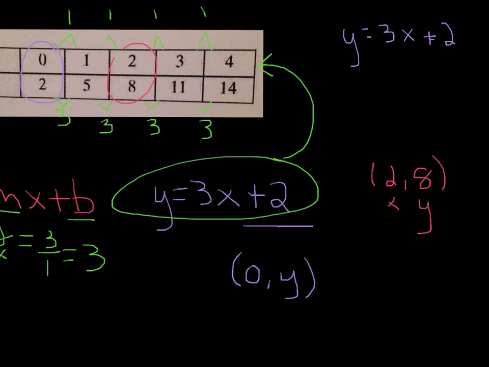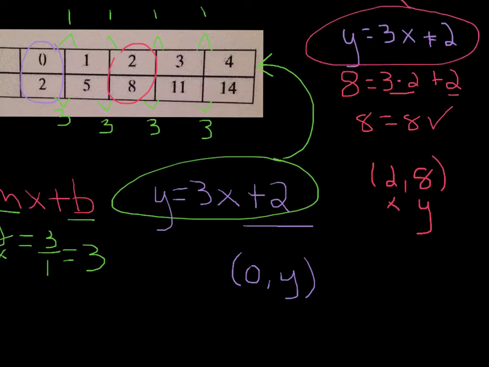Plug in 8 for y, and 2 for x: 8 equals 3 times 2 plus 2, and 3 times 2 is 6, plus 2 is 8, and 8 equals 8. So that is a way to check that our equation will give you these points.